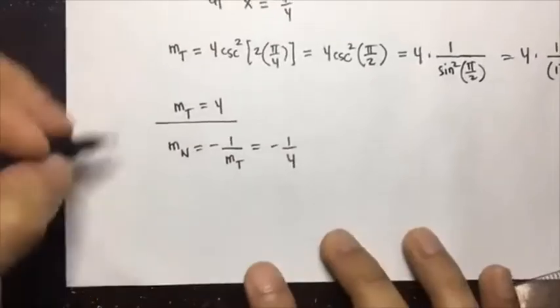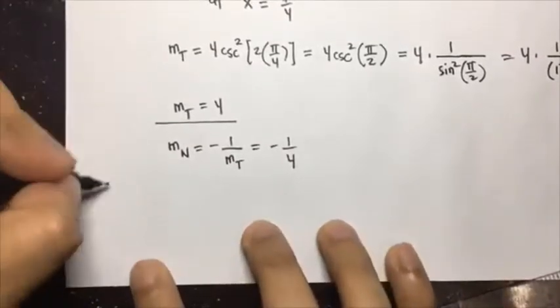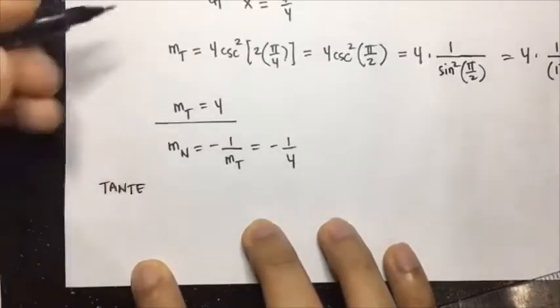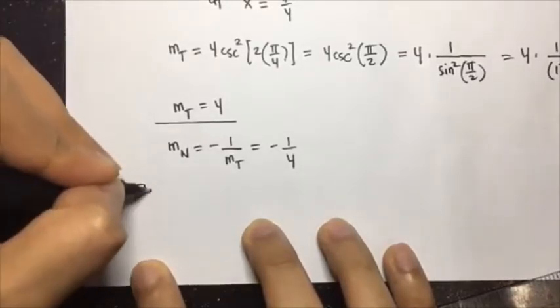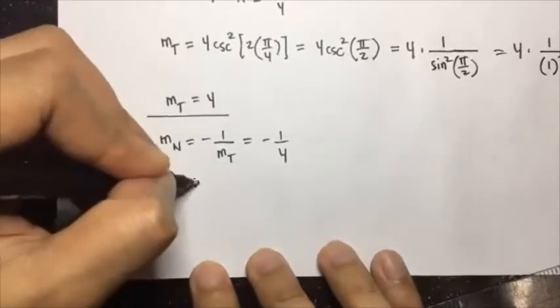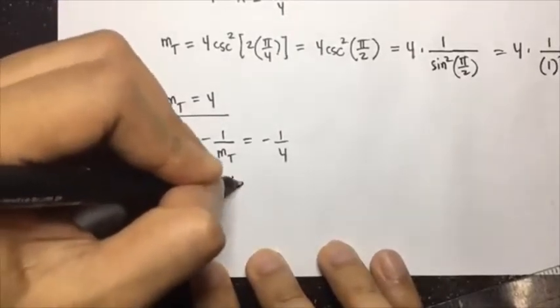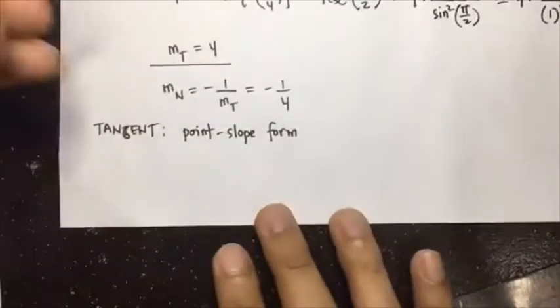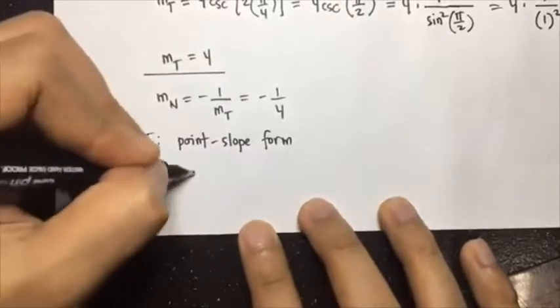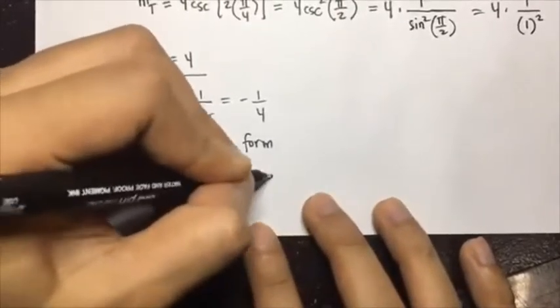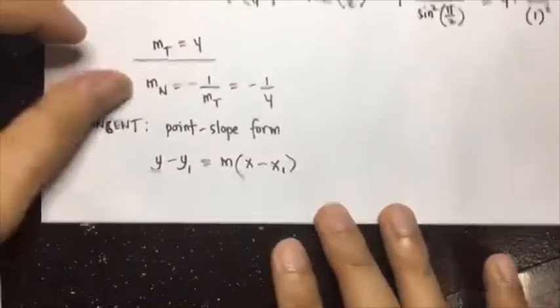To solve for the equation of the tangent line, we will use the point-slope form, where y minus y1 is equal to m times x minus x1.